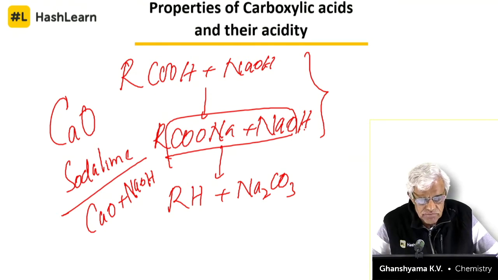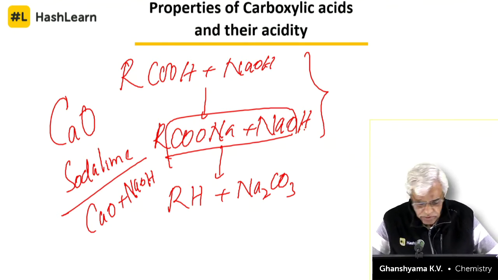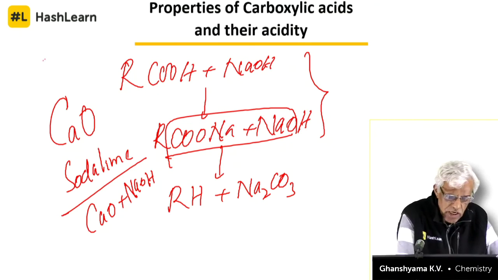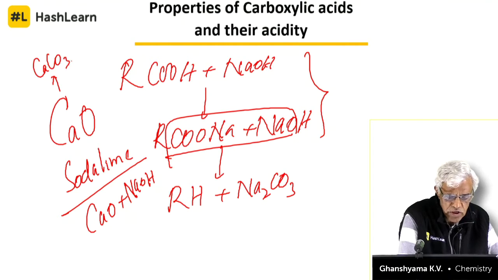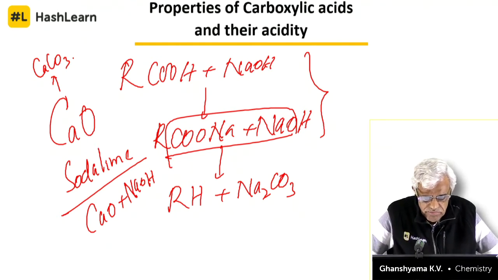Smaranika, yes. Can you tell me the function of CaO? Absorb carbon dioxide, okay, fine. So, to a little extent CaO will absorb carbon dioxide giving CaCO3. That is a minor part. Any other answer? Radhika, one of the answers is that, but it is a minor one. What is the major role played by CaO?